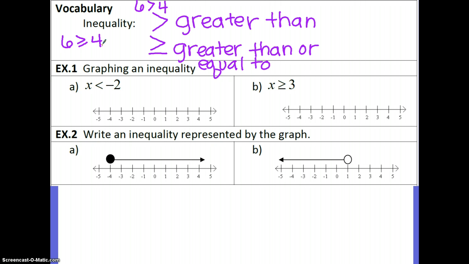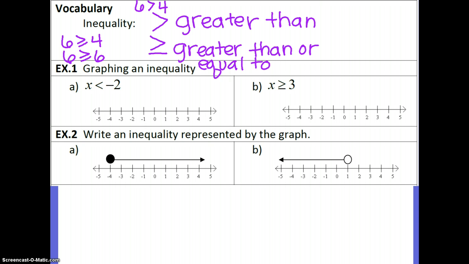So in this case it can be greater or it can be equal. If I had 6 is greater than or equal to 6, then that is still true, because it is equal. So it can be greater or it can be equal. Both of those will work.